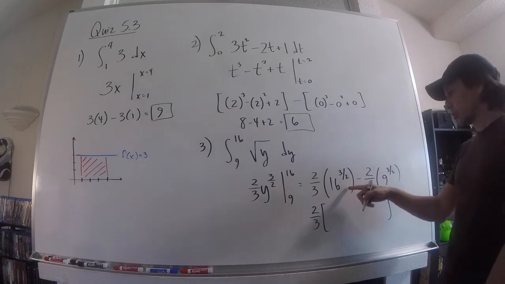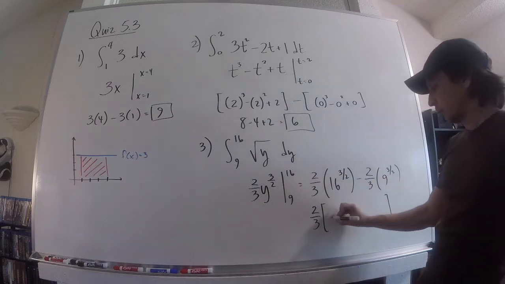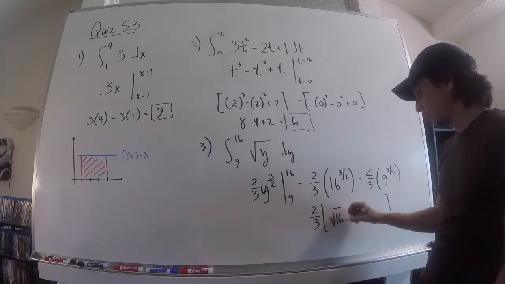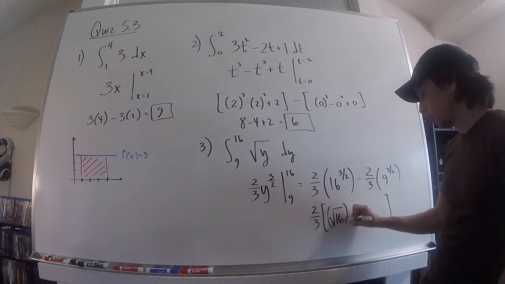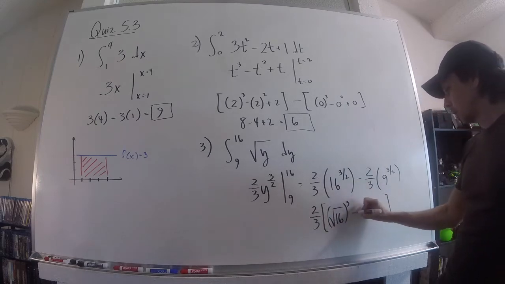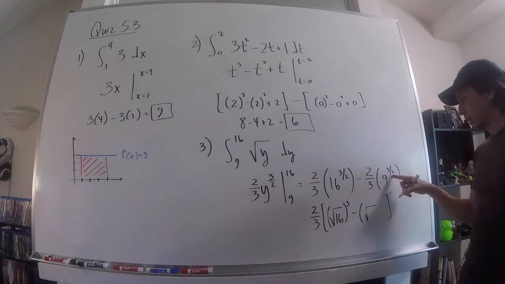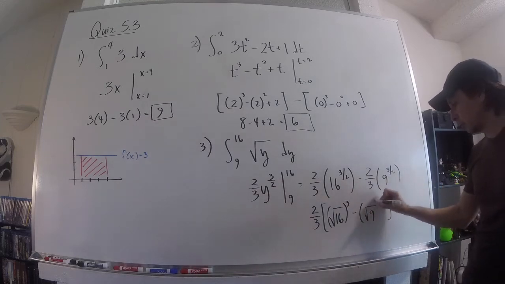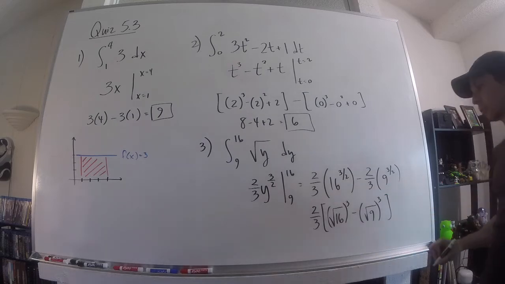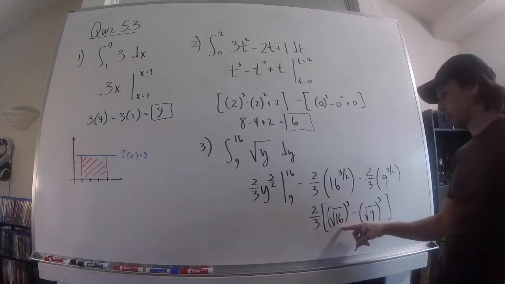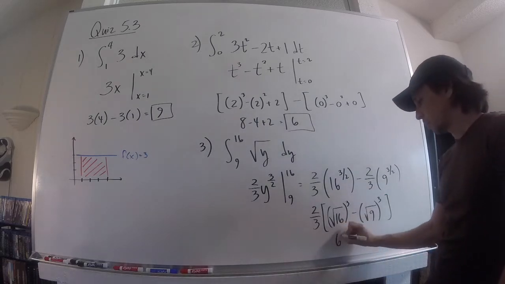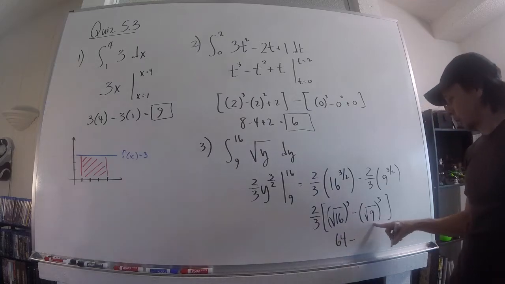Main thing is I've got to focus on the 16 to 3/2. That is the square root of 16. That's a half power, and I'm cubing it. Same thing here. The half power is the square root of 9, but the 3 on top means I'm going to be cubing that. And these are designed to work out nicely. That's 4 cubed. That's 3 cubed.